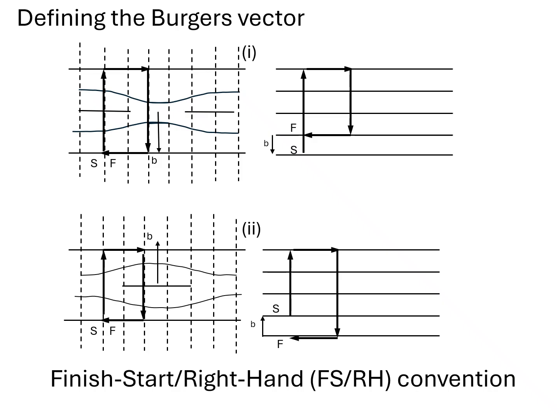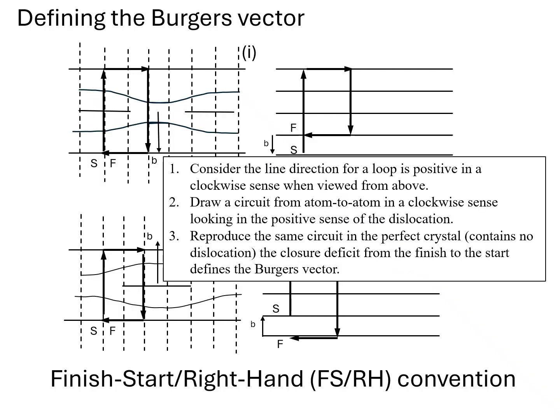And then you look at where you finish, and you take the vector between the finish and the start, and that defines the Burgers vector for the loop. Here it is basically cribbed out of a book by Mike Loretto.